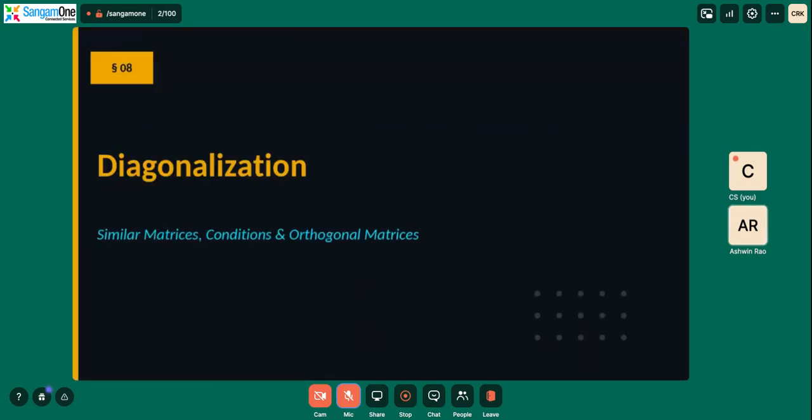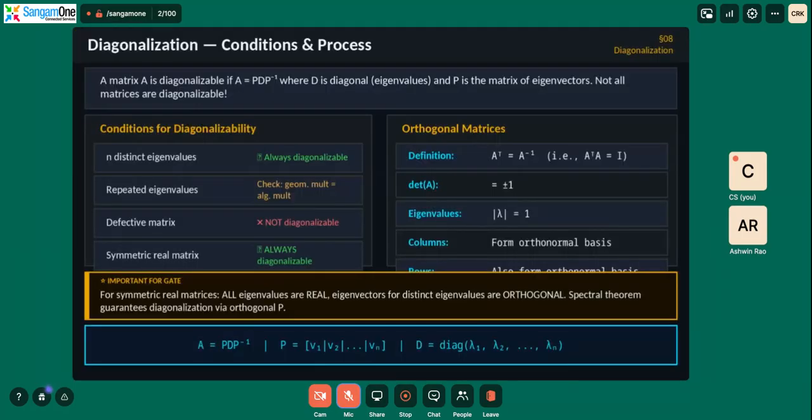Then comes diagonalization. A matrix is said to be diagonalizable if A equals P D P inverse, where D is the diagonal matrix of eigenvalues and P is the matrix of eigenvectors.